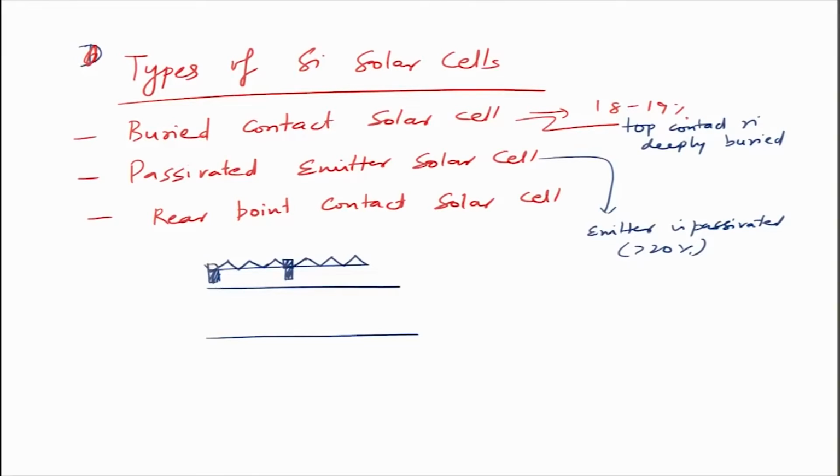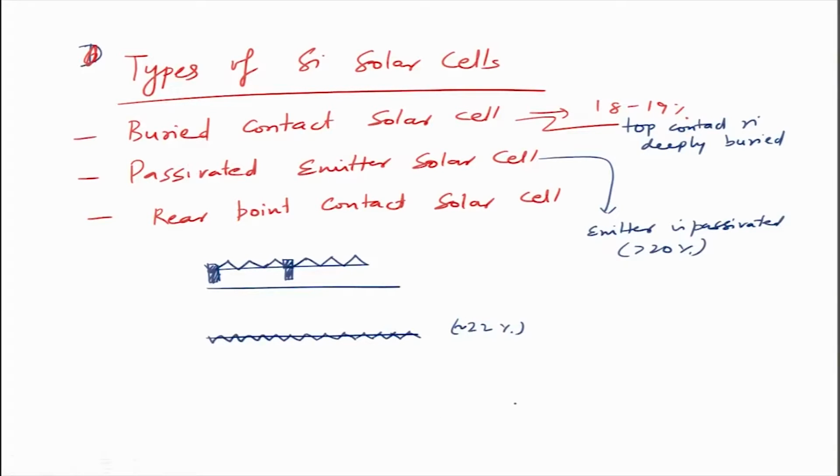Okay. In the rear also you can have contact in this fashion. So, this is point contact at the rear. So, people have done this, they have got efficiencies of the order of 22% or so.